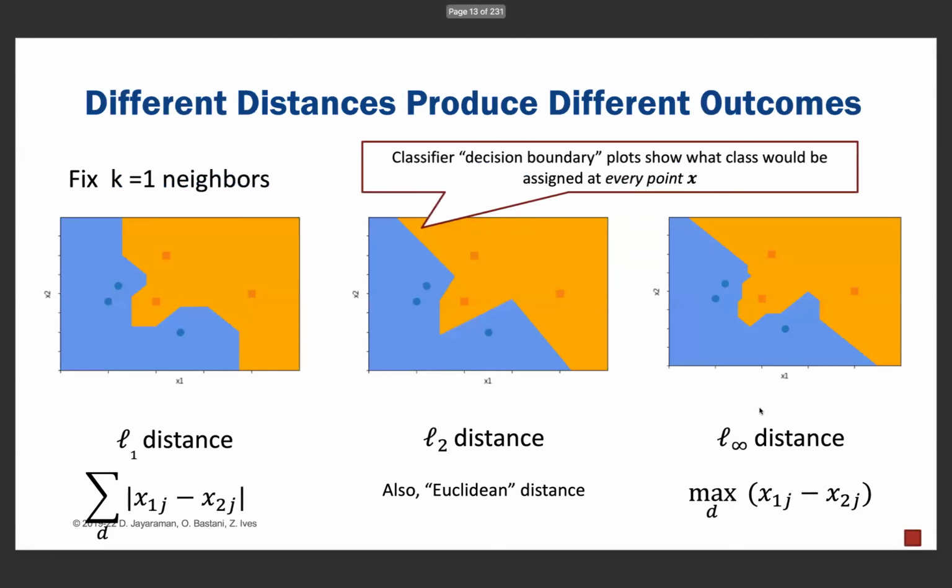Okay. And as a function of that, if we draw what is called the decision boundary, or the boundary which is deciding in which class you are as a function of where you are, we can get slightly different answers. So for the L1 distance we get a boundary like this, for the L2 distance a boundary like that, and for the L infinity distance a boundary like this.